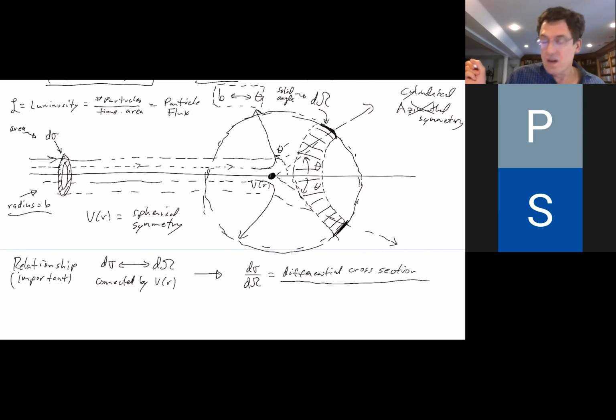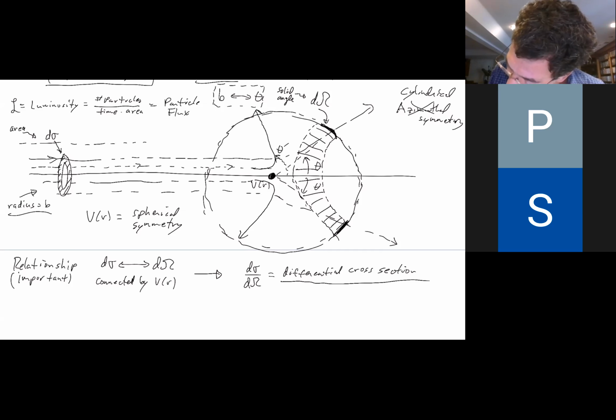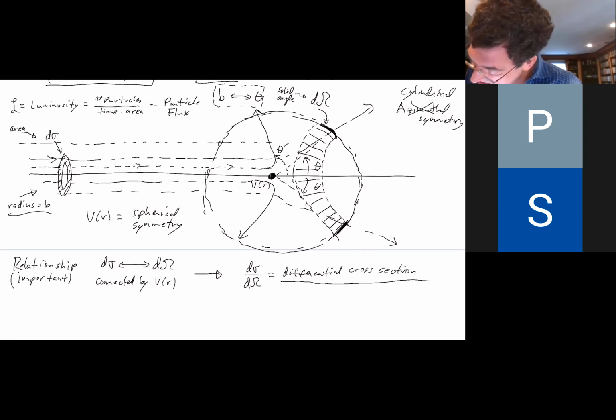Theta prime. On the other hand, if I send a guy out here, look at this guy. Now I'm sending him from very, very far away. What's his theta going to be? The same, bigger, or smaller? Smaller. Exactly, because he feels less of a potential, so he's going to deflect, but less, you see? So his angle is going to be smaller, theta double prime.